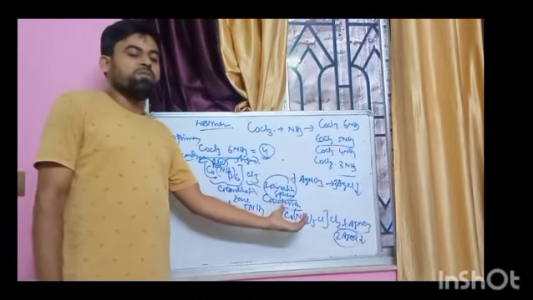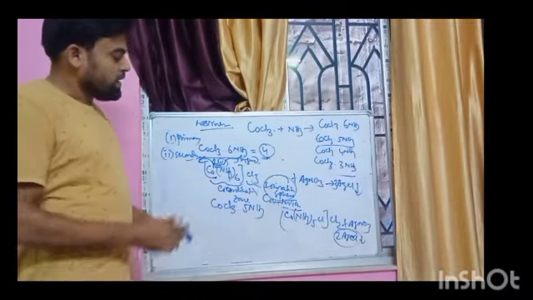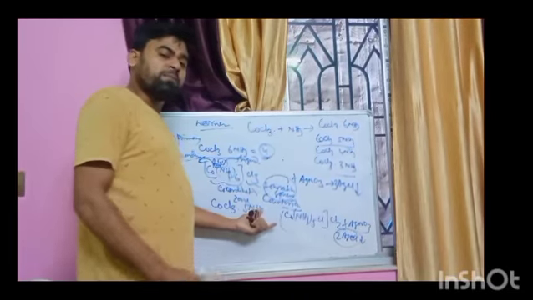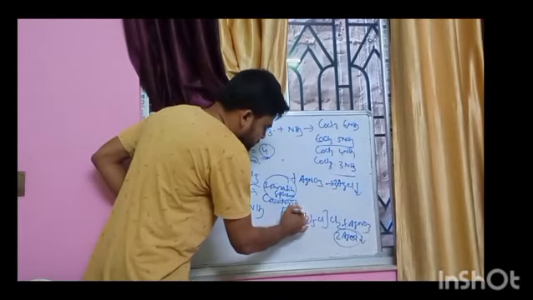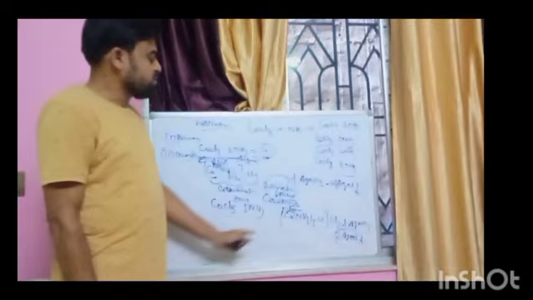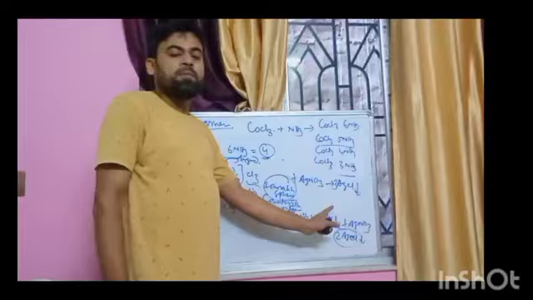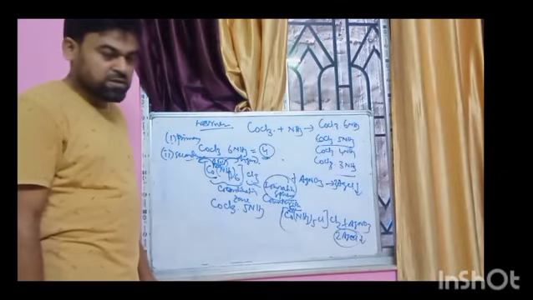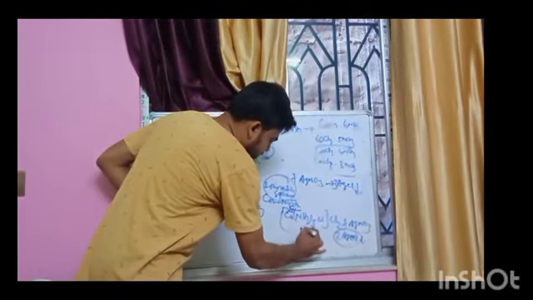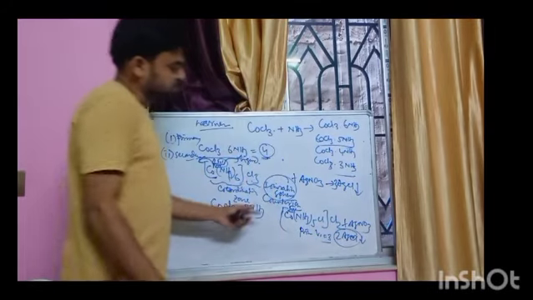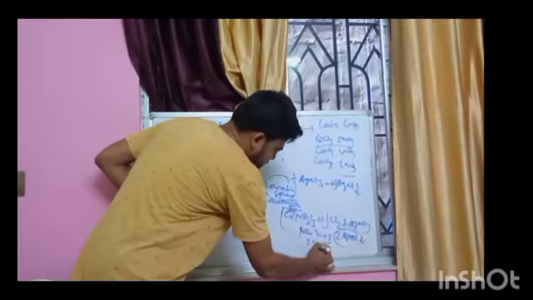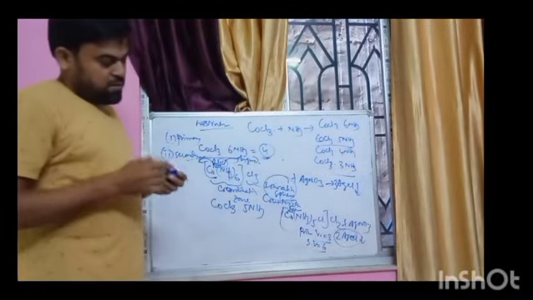The primary valency of Co is its oxidation number, 3, that is, overall 3 Cl minus ions are present. So the primary valency is 3 and the secondary valency is 6.